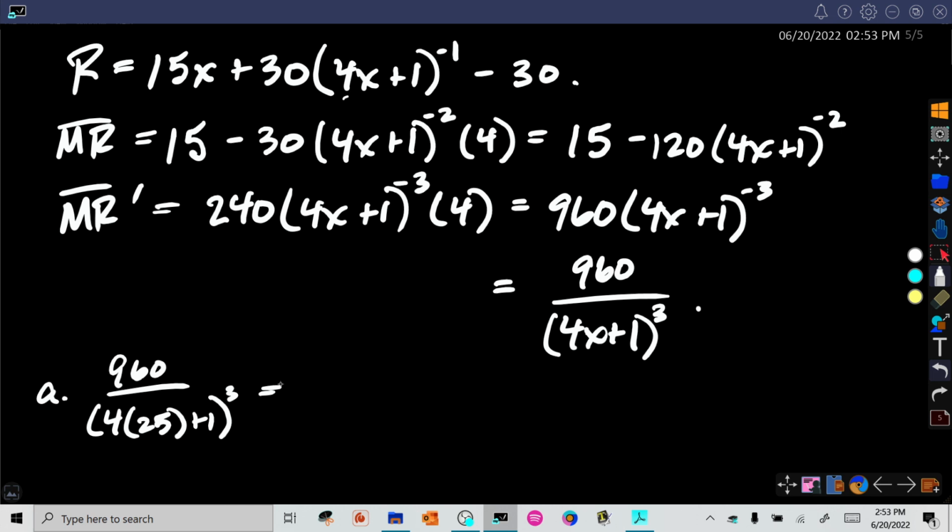You can punch this into a calculator or Wolfram Alpha, that's fine. What you're going to find is that this is approximately equal to 0.0009. It's a very, very small quantity.